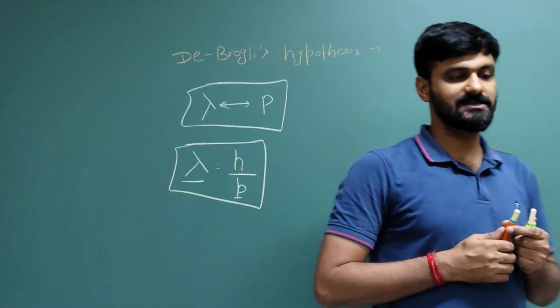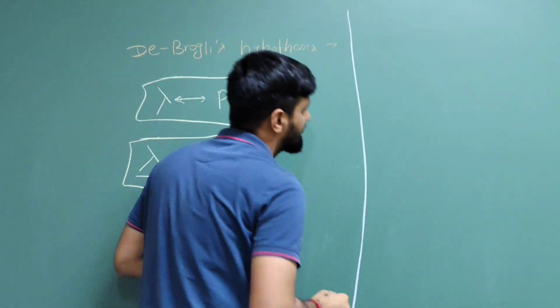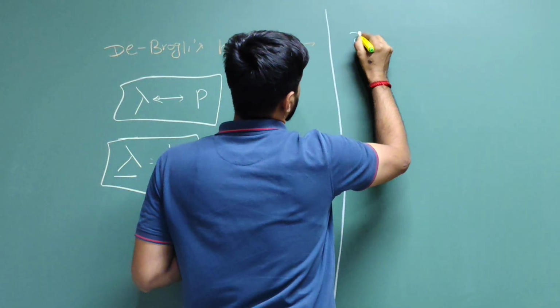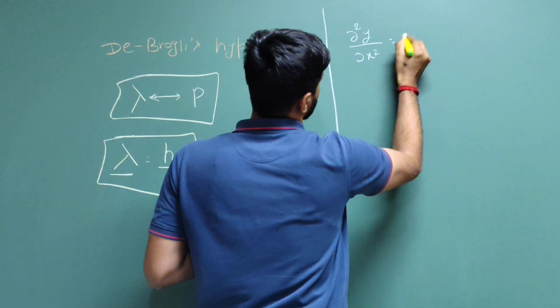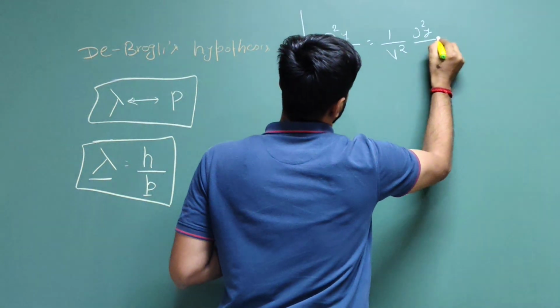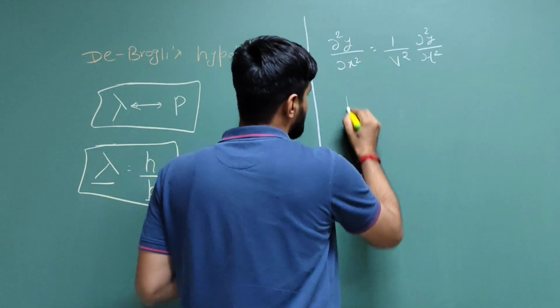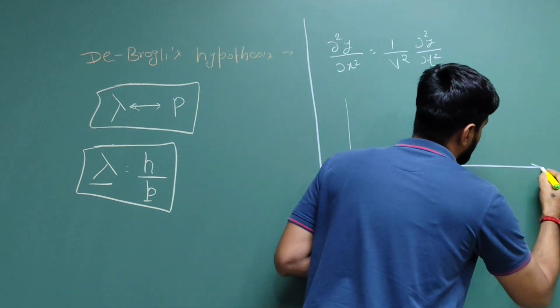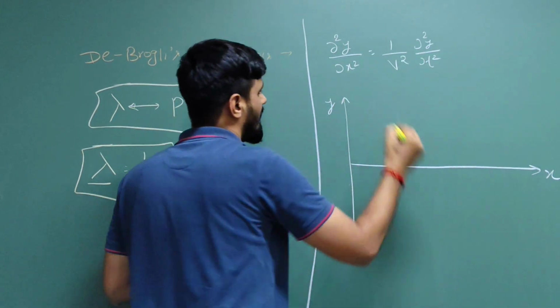So the idea was, if you have a standing wave, the equation of the wave looks like this: del 2y by del x square equals 1 upon v square del 2y by del t square. If we plot this wave, this is the displacement along the x direction, and this is the amplitude.